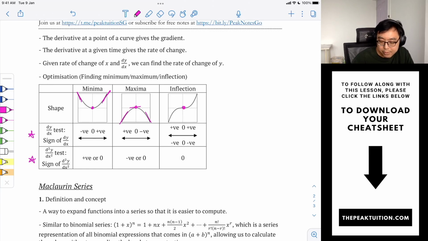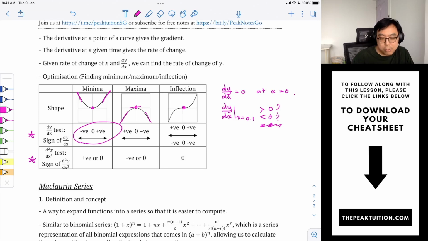So for example, we know that dy/dx equals 0 at x equals 0. Then we substitute x equals 0.1, for example, and we check whether it is more than 0, less than 0, or equal to 0. Okay, most likely, equal to 0 is quite rare unless it's a straight line. So most of the time it's more than or less than 0, and then we can start looking at the first derivative test.